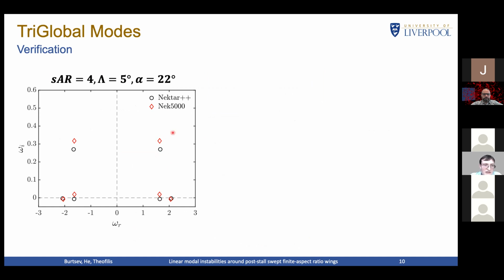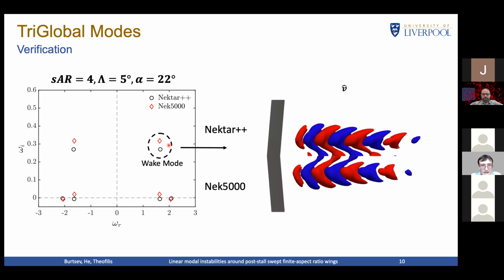Now the amplification rate of the leading mode is a little bit different. We attribute the difference to the different levels to which the selective frequency damping was converged between the two codes. And if we look at the eigenvector in terms of v velocity, we see very good agreement between the two codes.